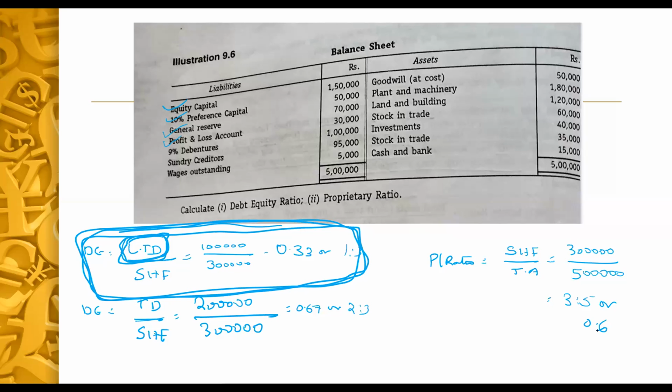As always, we can convert this into a percentage, so the proprietary ratio is 60%.